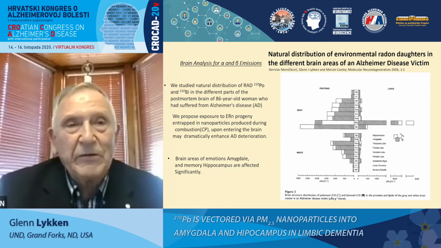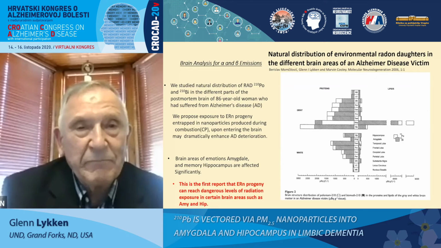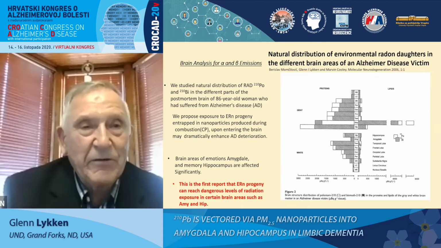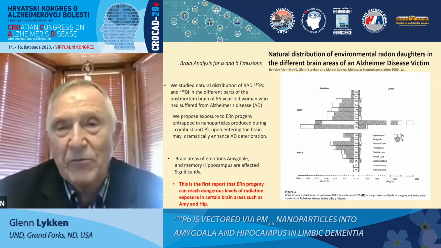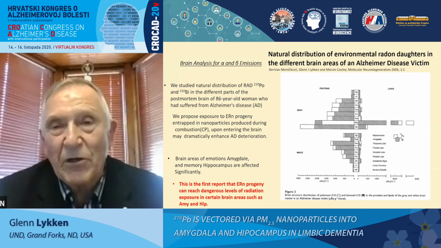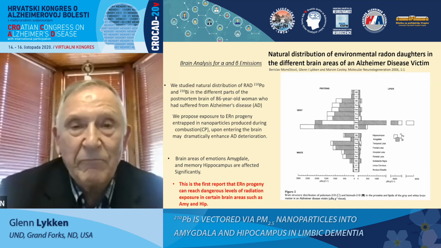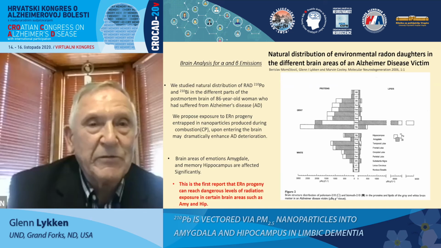And here we did an 86-year-old lady that suffered from Alzheimer's disease, and one of our doctor friends took the brain apart, and we looked at the different parts, and noticed the hippocampus and the amygdala have high polonium-210 and bismuth-210.